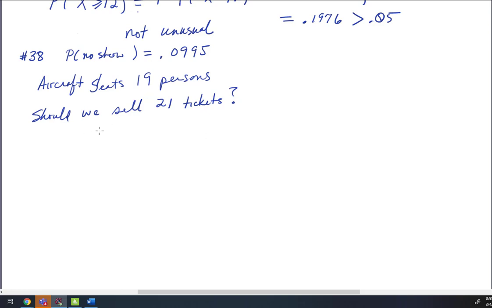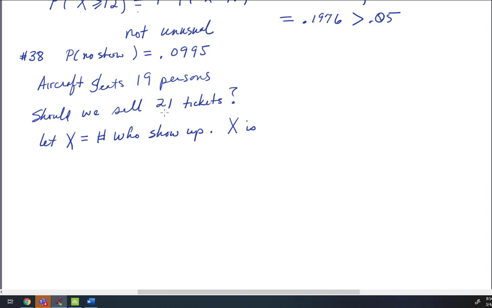Now, if we let X equal the number who show up to take their seats, then let's think through what X is.